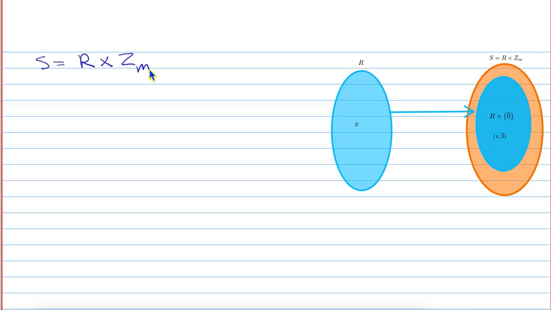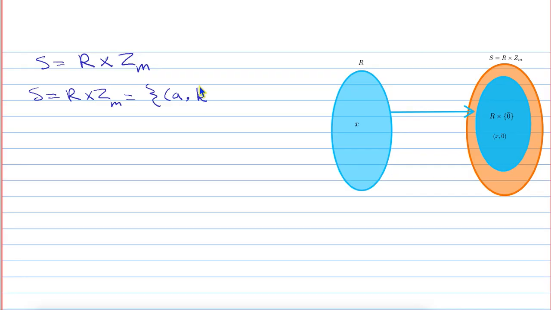Okay? So S equals R cross Z sub M. This is a set of all elements (A, K bar), but K bar here is an equivalence class.